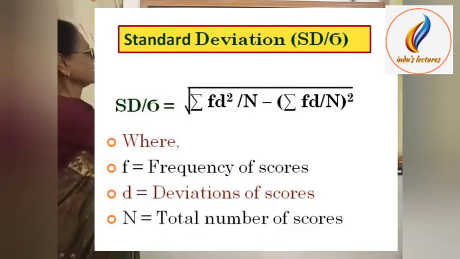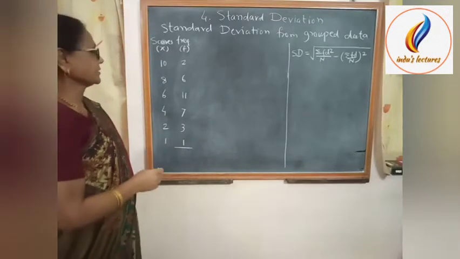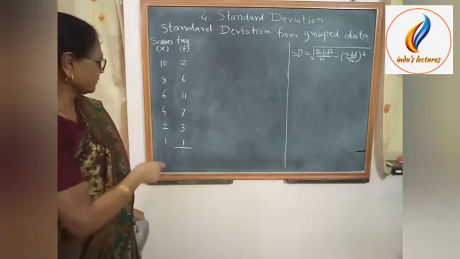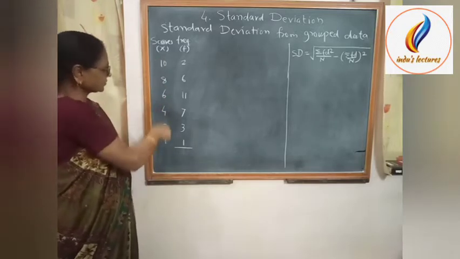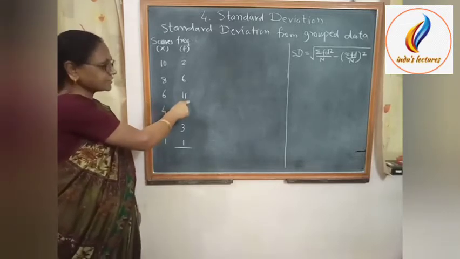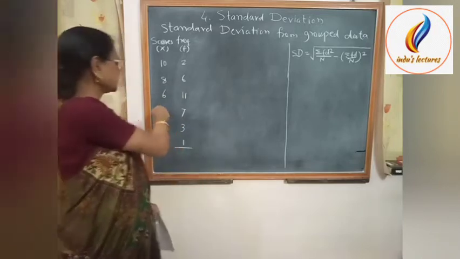Now we assume the mean as the score whose frequency is highest. If we see these scores, there is a score 6 whose frequency is highest, that means it is 11. So our assumed mean is 6.